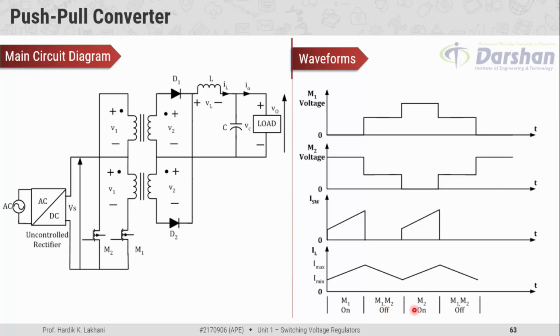The third mode, when only M2 is turned on. And fourth mode, again both MOSFETs are turned off. So these are the four intervals for one cycle operation of push-pull converter. So let us understand what happens in each and every interval.